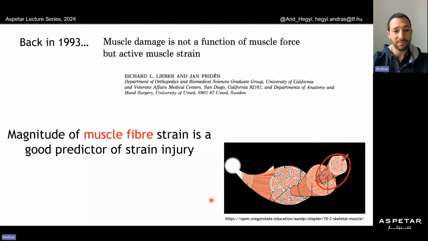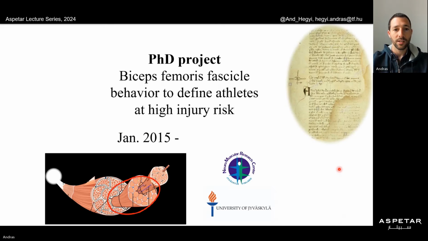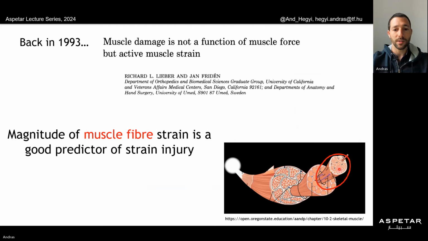And here, in vitro studies talk about the length change of the muscle fibers. So it would be very interesting to know what happens in the muscle fiber.